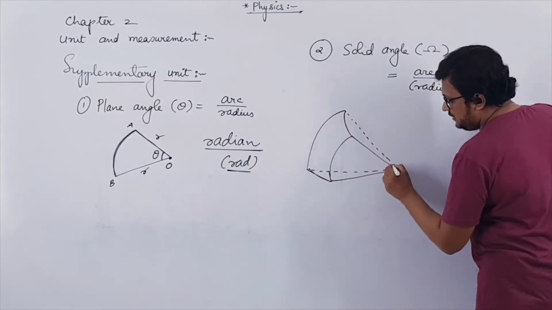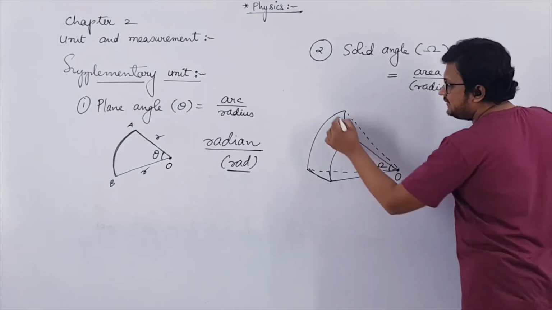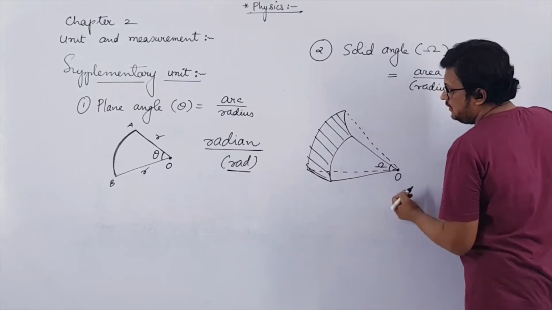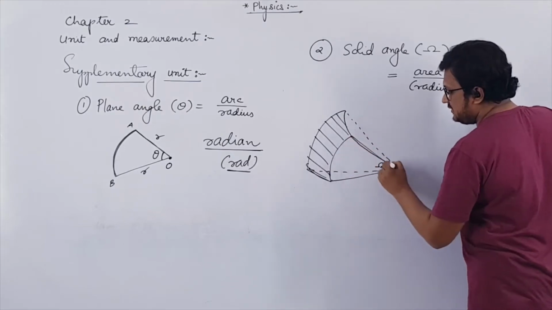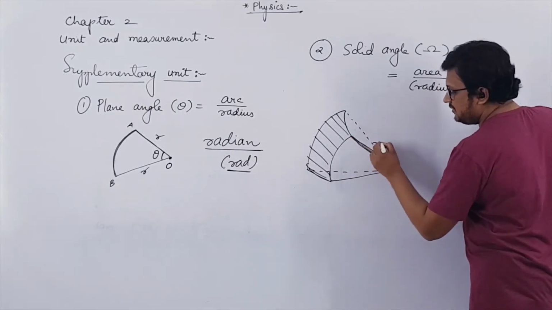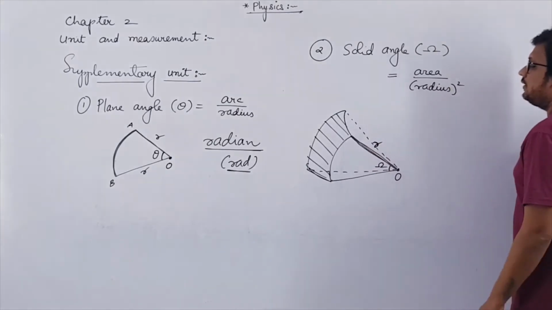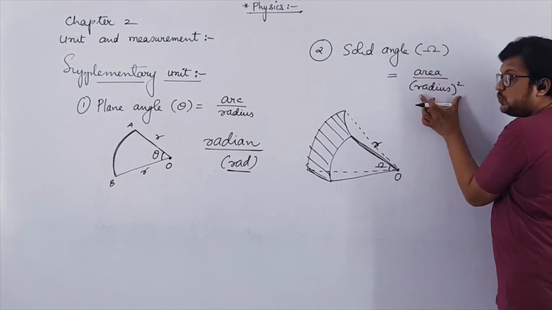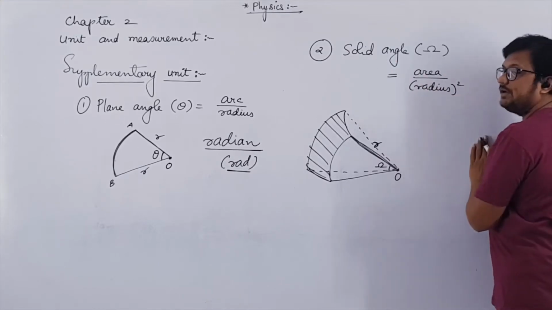The angle formed here is known as solid angle, and this is our intercepted area. This distance from the surface is the radius. So the intercepted area over the square of the radius is known as solid angle.